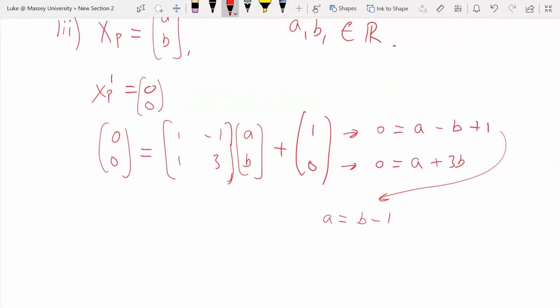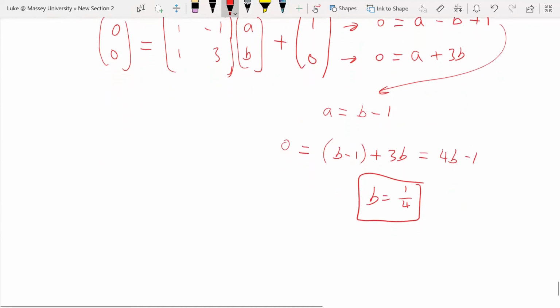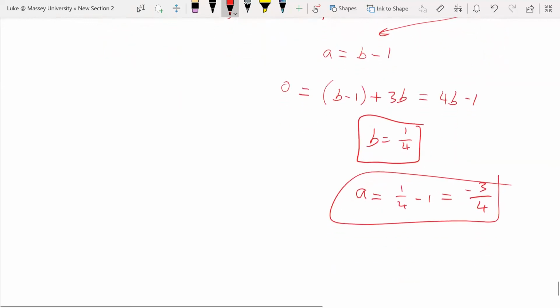If I use that in the second line, it says 0 is equal to b minus 1 plus 3b, which of course is 4b minus 1, or in other words, b is 1/4. a is b minus 1, so a is 1/4 minus 1, which is negative 3/4. So our particular solution, xp, is equal to negative 3/4, 1/4.